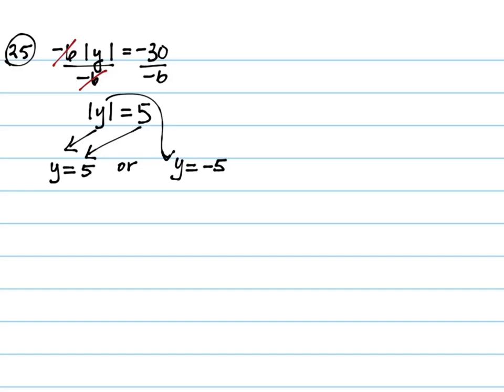Now remember, the reason that happens is because if I were to plug the -5 back into the absolute value, the negative would go away. Okay, so that's an actual option. Remember, absolute value means distance. The distance could be from -5 back to 0 or from +5 to 0, and I'd still have a distance of 5. So I end up with two answers. Y is 5 or y is -5.